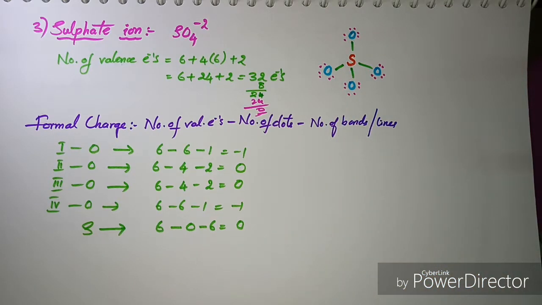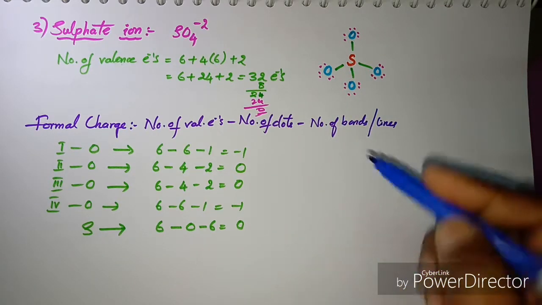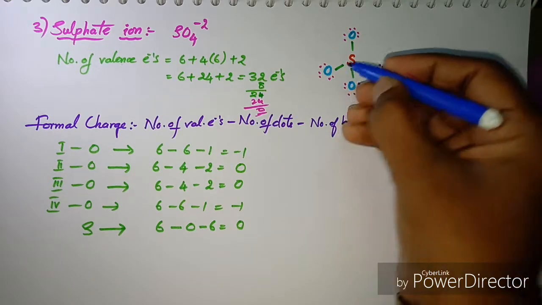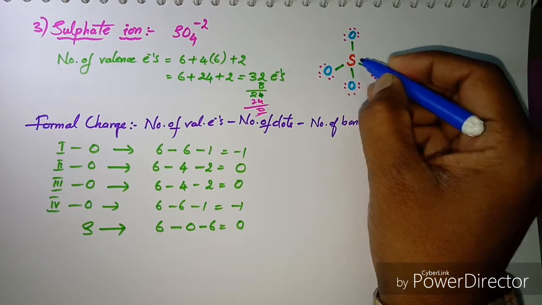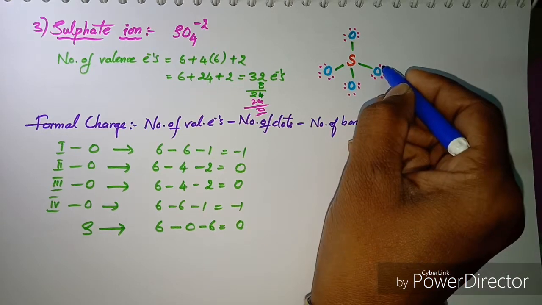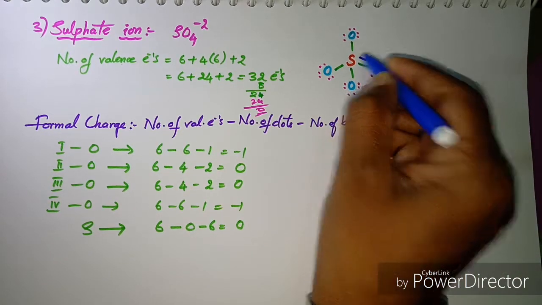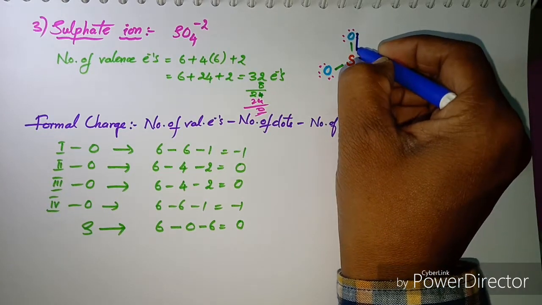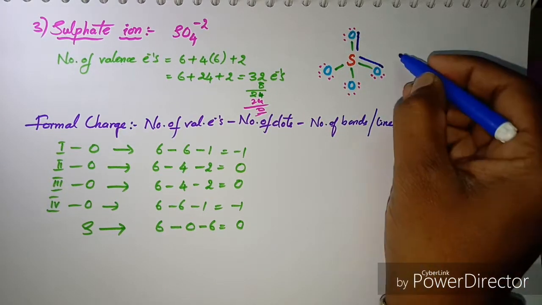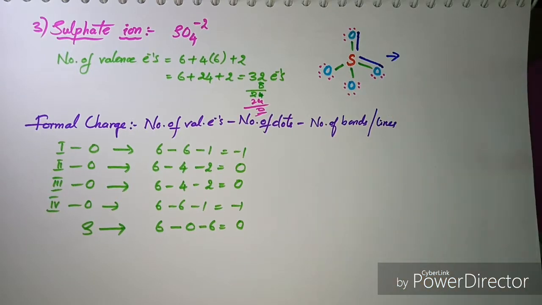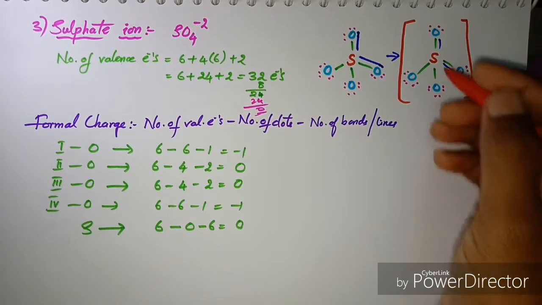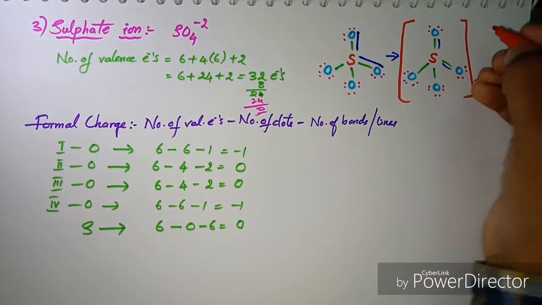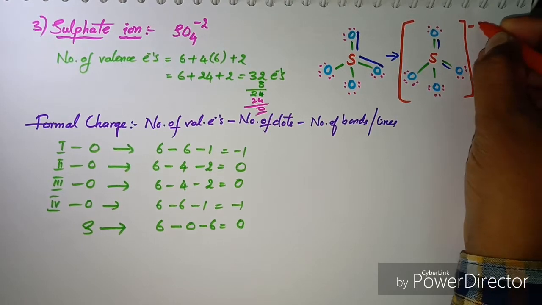Therefore we need to involve 2 of the bonds of the sulfur atom with the oxygen atoms, involving 2 valence electrons on 2 of the oxygen atoms as this. Now reproducing the same structure here. So it appears as this, and also we have to represent its charge.